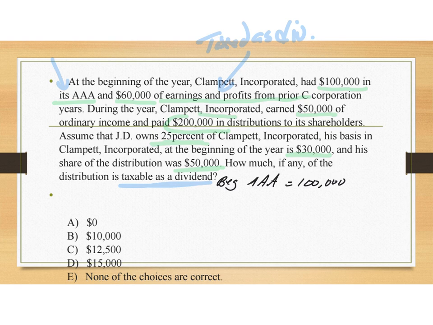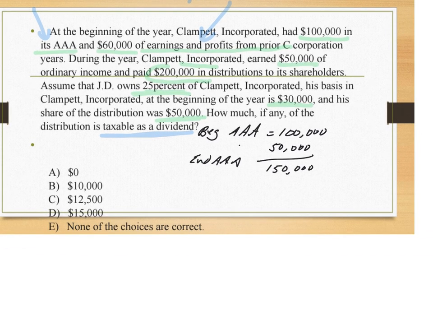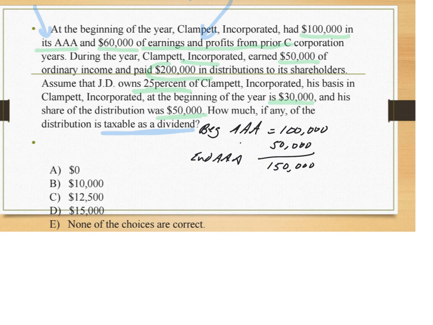So we had $50,000 of ordinary income. So its ending AAA account was $150,000, okay? So what that means is $150,000 of the distribution came from that AAA account.